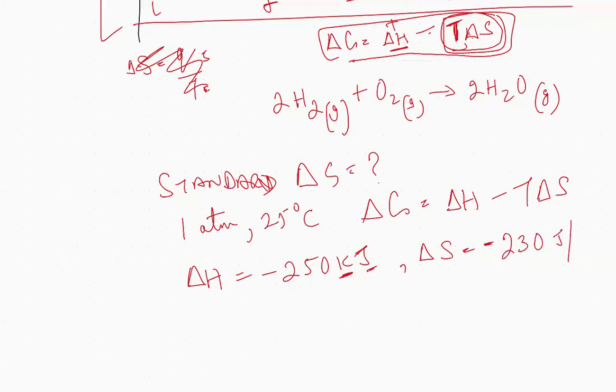Temperature, say 25, this is standard. Now, all you have to do is just put the values there, knowing that delta H is in kilojoules.